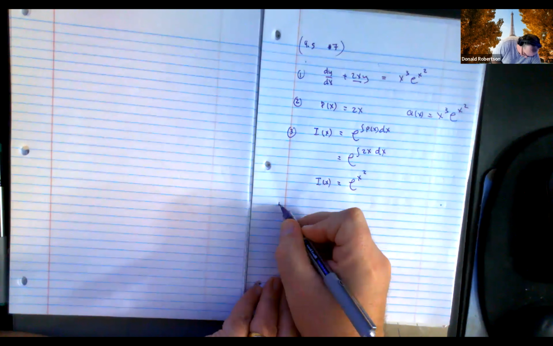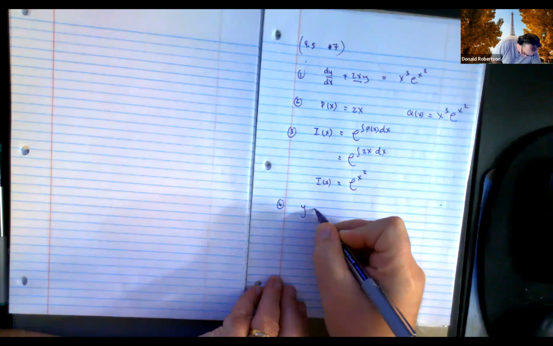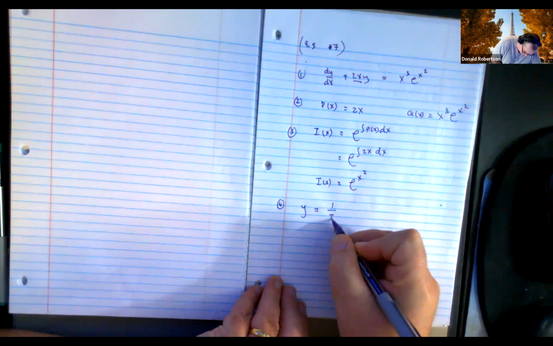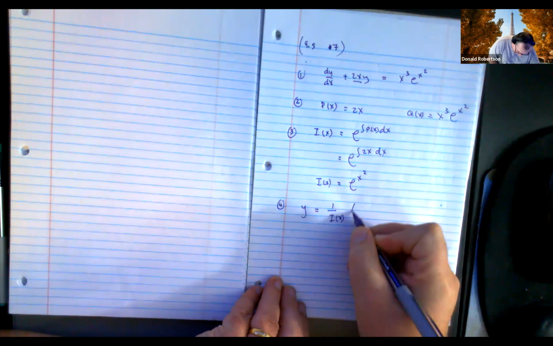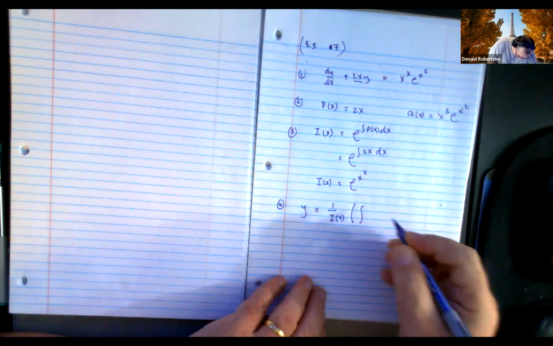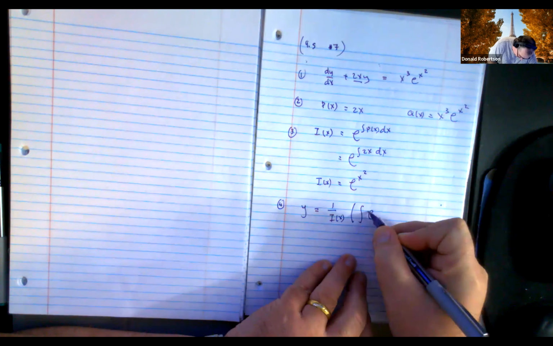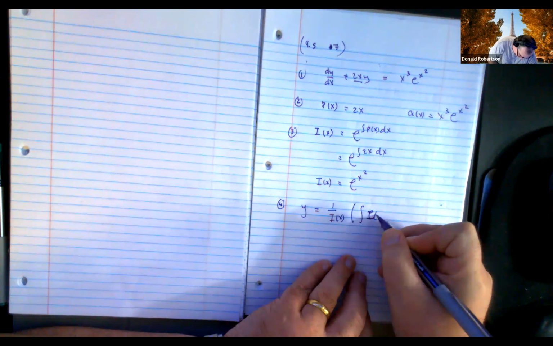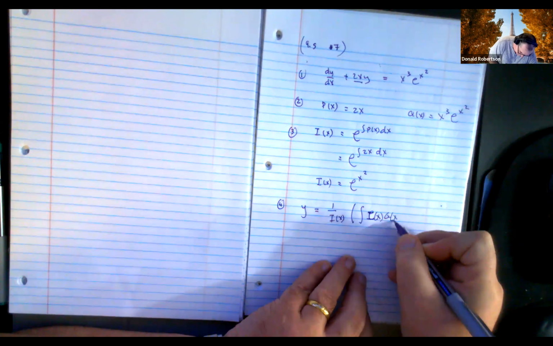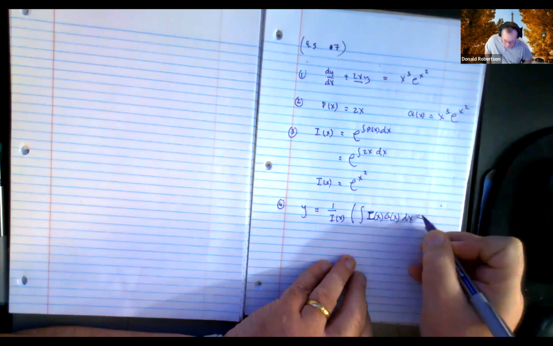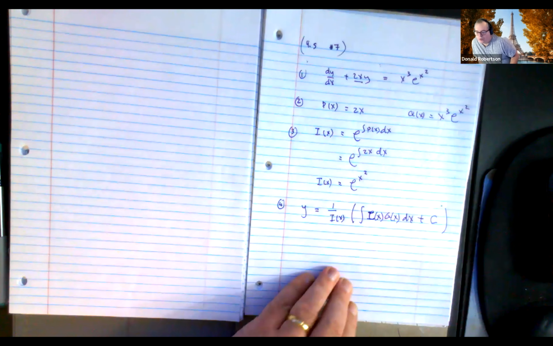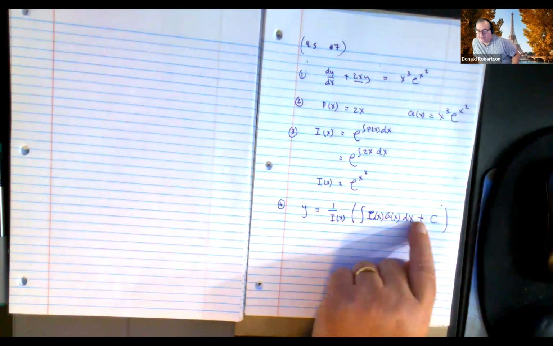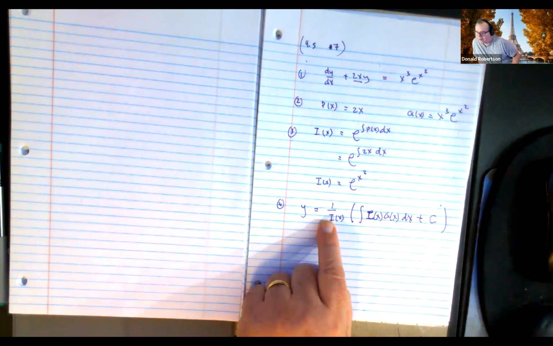Now, y, the solution, is 1 over I of x, the integral of I of x, Q of x, dx, plus c. Wouldn't this be a very useful formula to have in your notes?